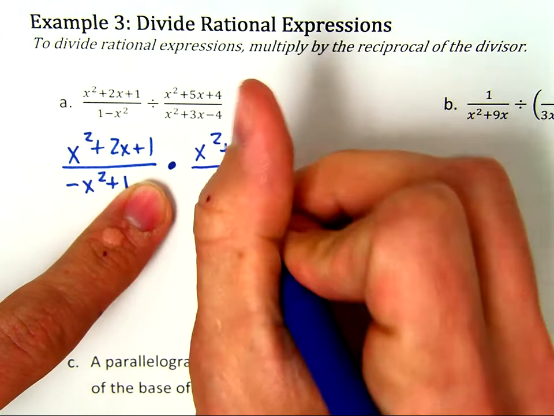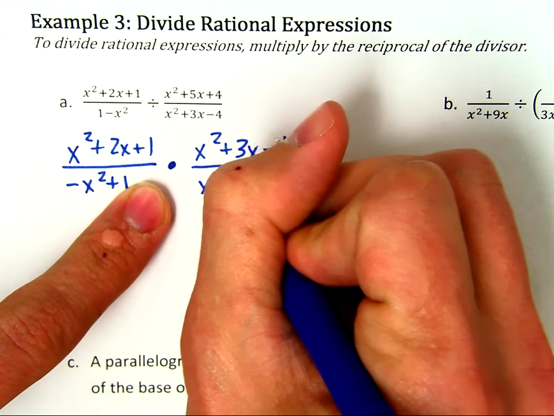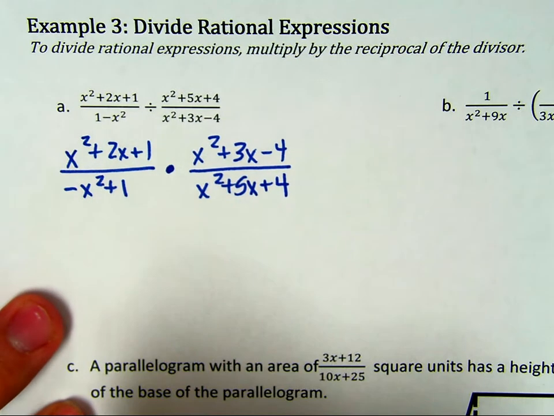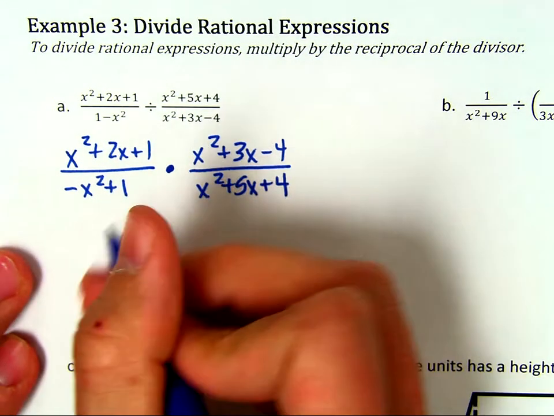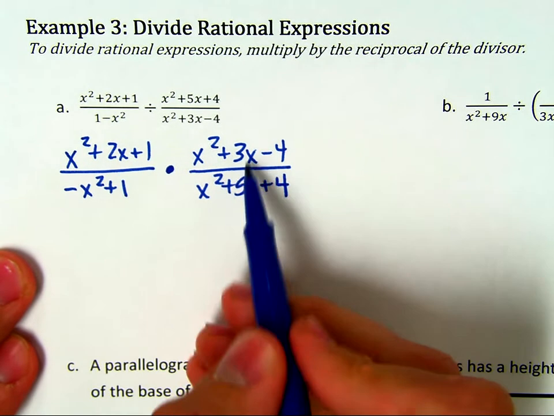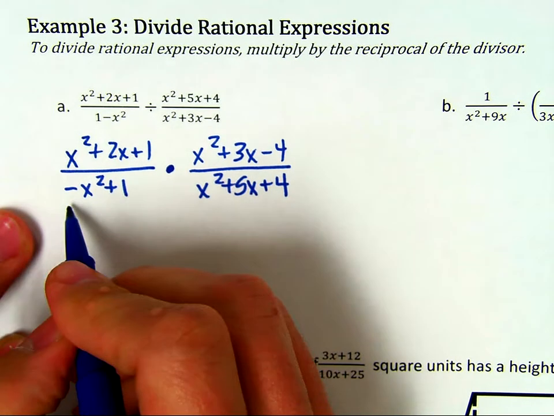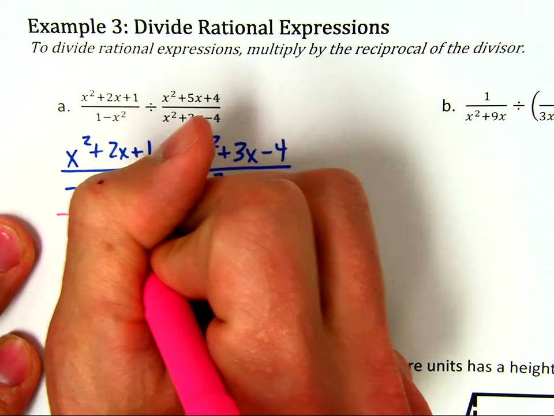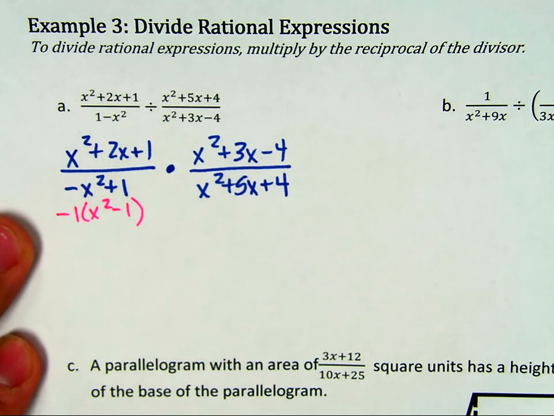Once you take that second fraction and you flip it, then it becomes a multiplication problem, exactly like we were just doing before. None of them have a GCF except for this one, so I'm just going to go ahead and factor the GCF of a negative 1 out right here. That way I can factor them all and they're fully formed as we go down.